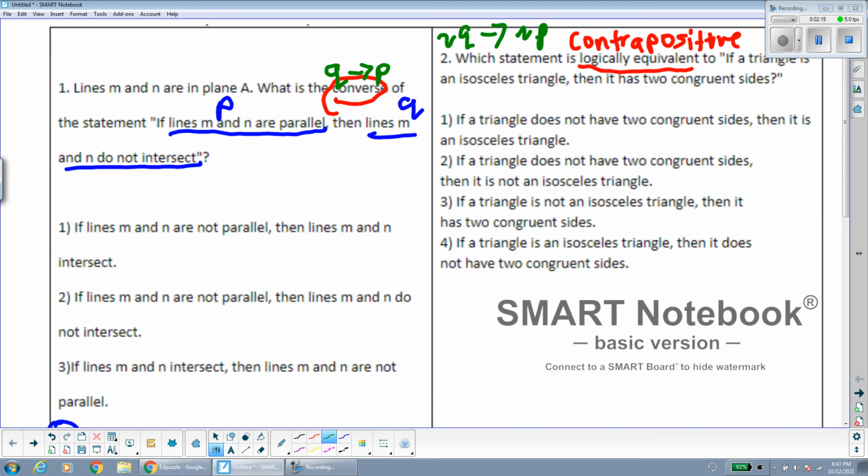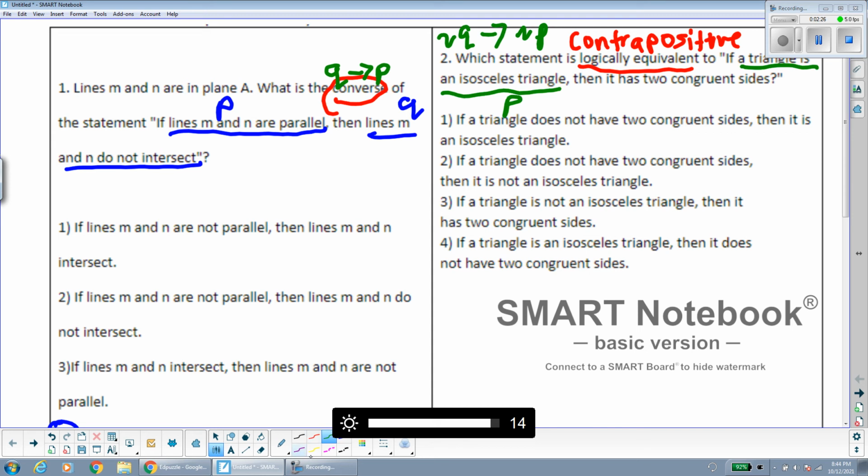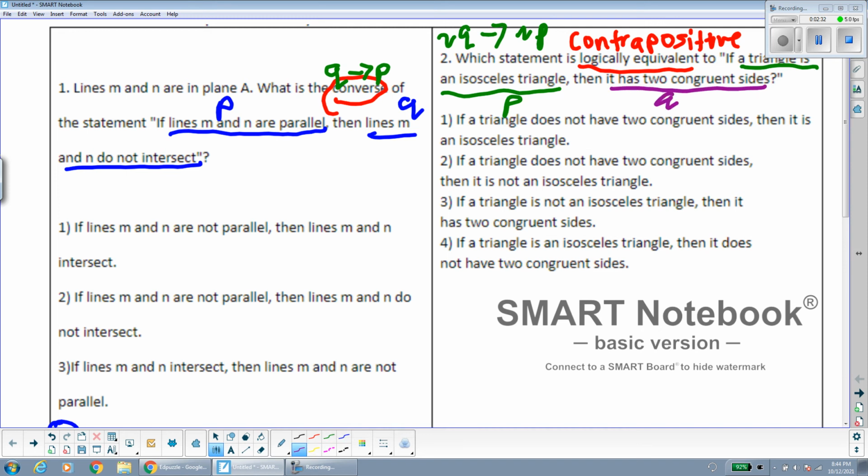We have to both switch the order of the hypothesis and the conclusion and negate both. So the original hypothesis is a triangle is an isosceles triangle. And our original conclusion is it has two congruent sides. So we're looking for the answer choice that switches the order of P and Q and negates both.